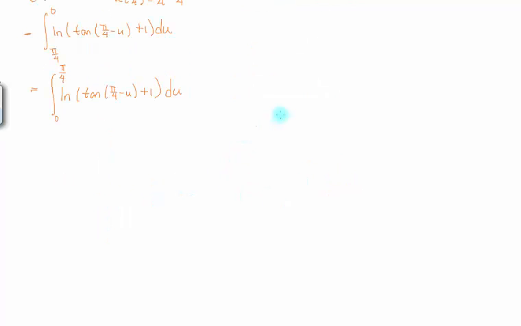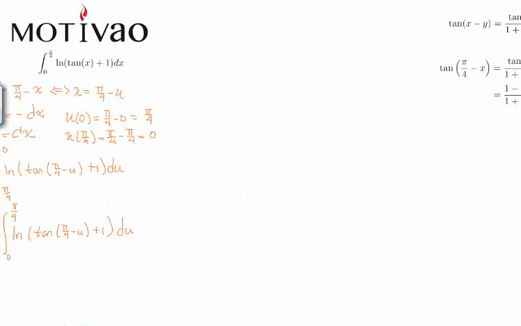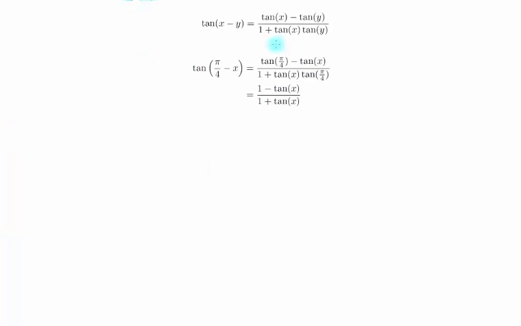Now what is tangent of pi over 4 minus u? Here I have a remark of properties of addition and subtraction with tangent. Tangent of x minus y equals tangent of x minus tangent of y over 1 plus tangent of x times tangent of y. Now plug in pi over 4 minus x. It's tangent of pi over 4 minus tangent of x over 1 plus tangent of x times tangent of pi over 4.